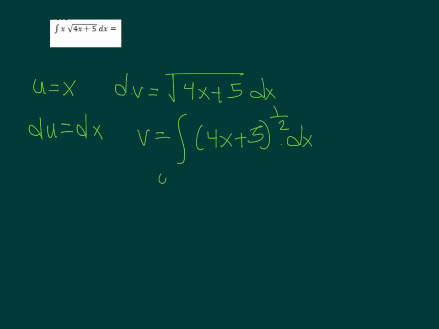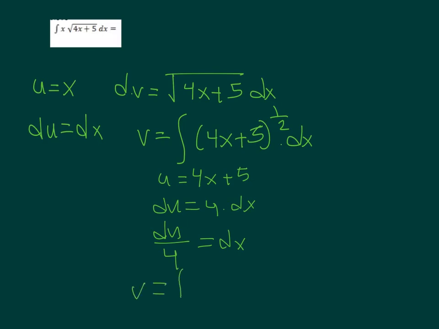To do this integral, we have to make u equal to 4x plus 5, so du equals 4 times dx, so du over 4 will be dx. And the integral will be the integral of u to the 1/2 times du over 4.